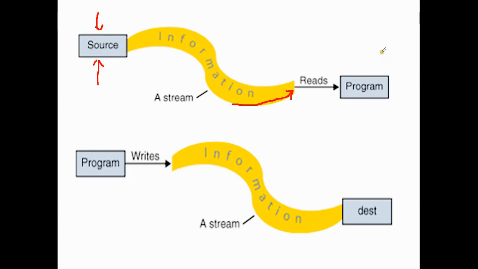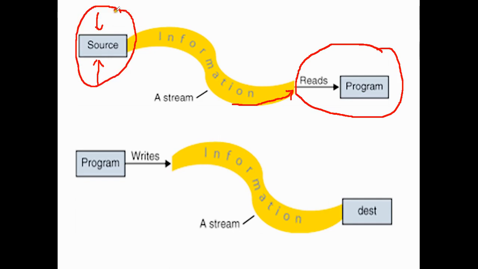But the data abstraction is there. If your program is reading data from System.in, it will not worry whether the stream is coming from the keyboard, from a file, from the network, or anywhere else. So you can always change the source without affecting the program which is reading the stream.